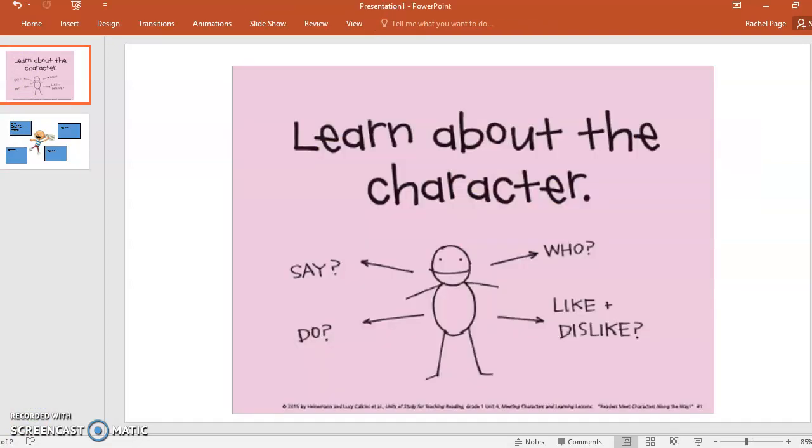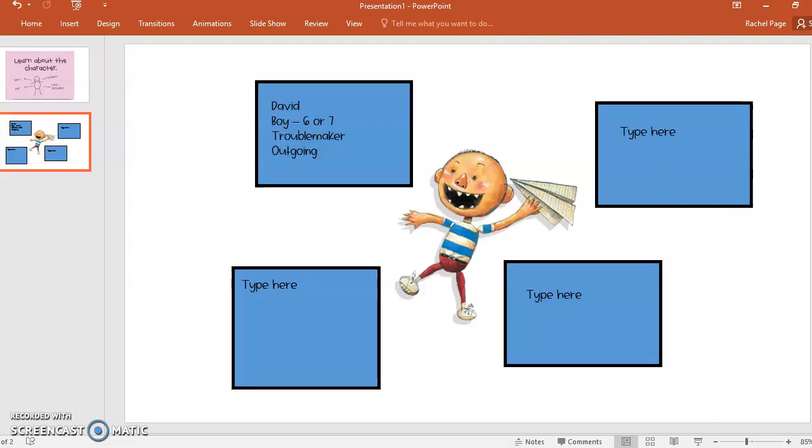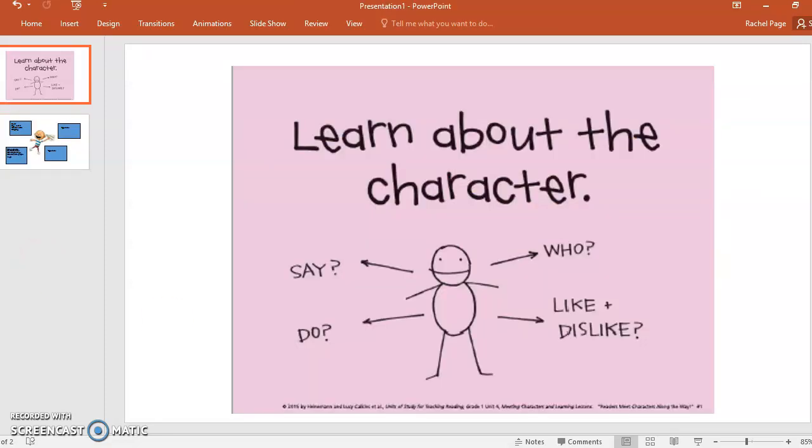So I'm going to go back here, take a look at my chart here, and what does David do? Well, David gets in trouble. He breaks the rules. Also, there's that sweet side of him. He also likes to give hugs. And he also likes to make people laugh. That kind of goes along with his likes and dislikes.